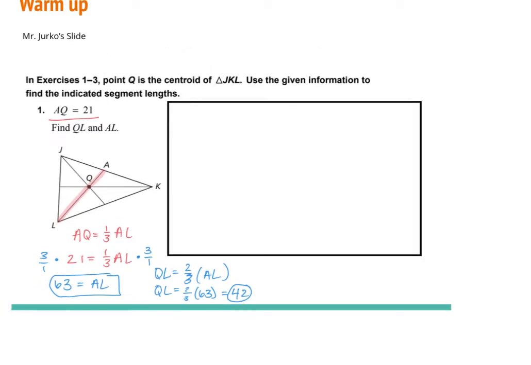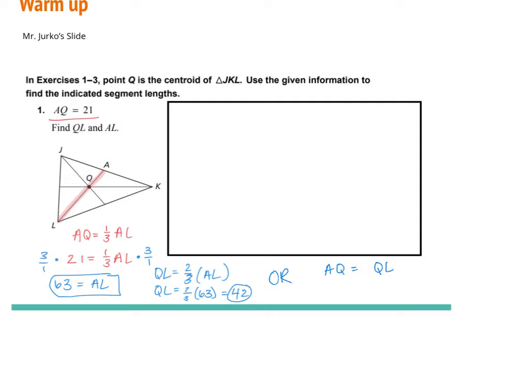Okay. And then, or, what's AQ going to be in comparison to QL? What's the ratio between AQ and QL? 1/3.